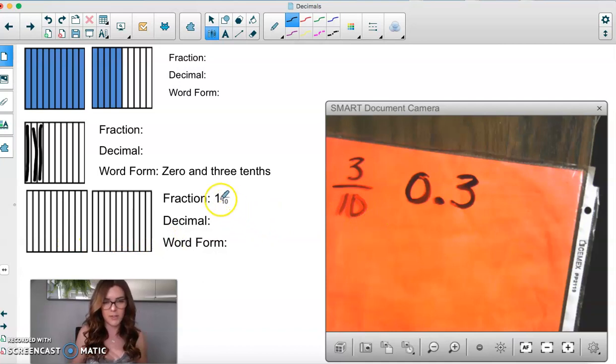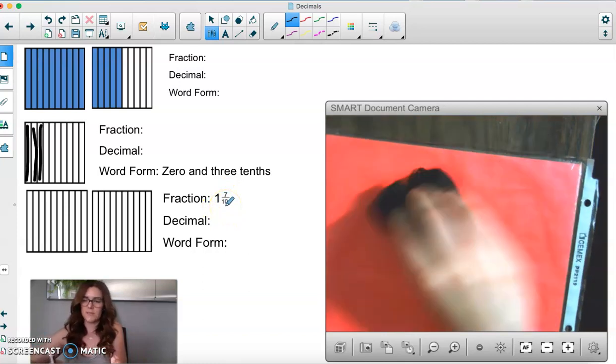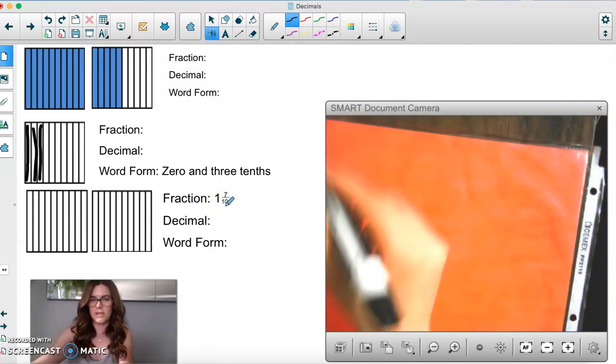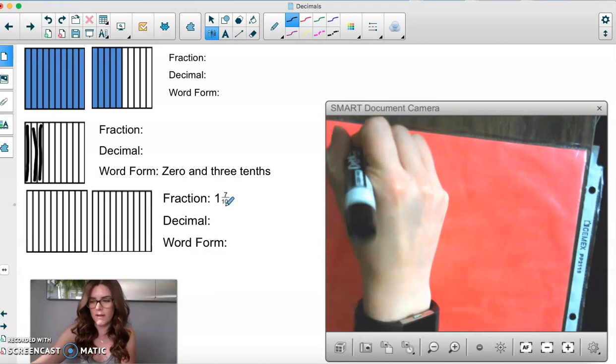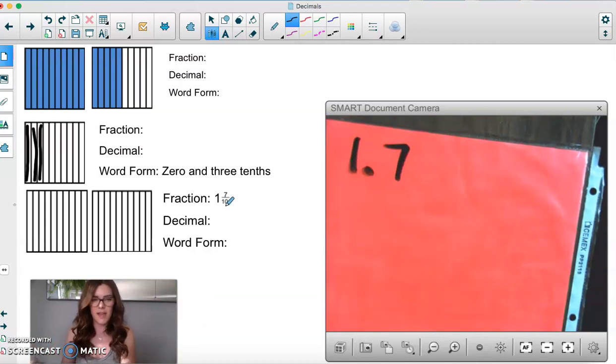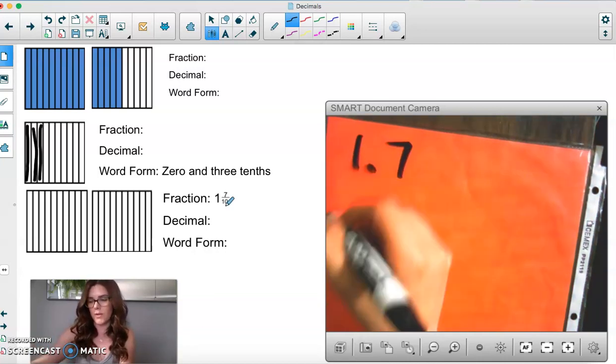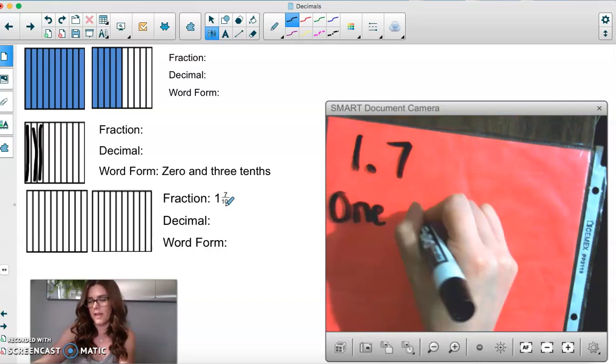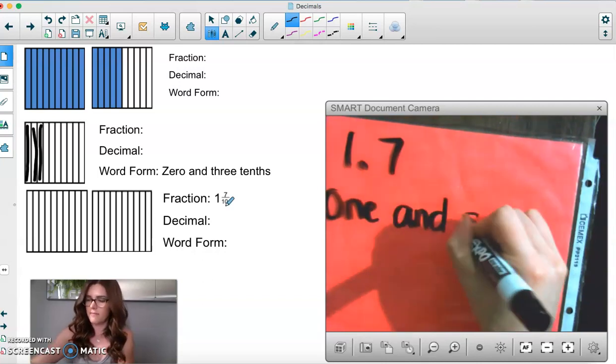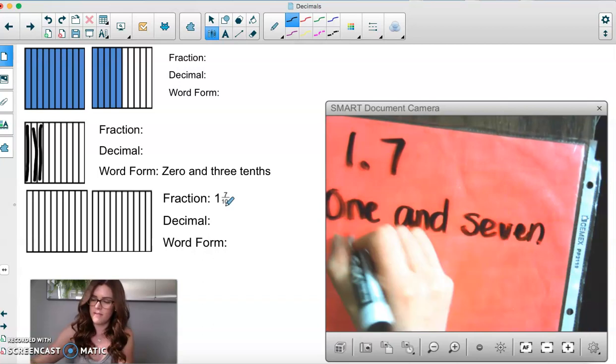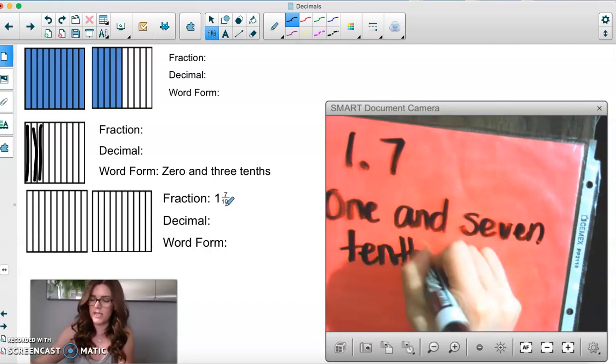And then my last one here, it's not colored, so I'm going to have to color it, but I am given my clue with the fraction, and it says 1 and 7/10. So my decimal is going to be 1 and 7/10. And then my word form is going to be 1 and 7/10. Make sure you have that THS.